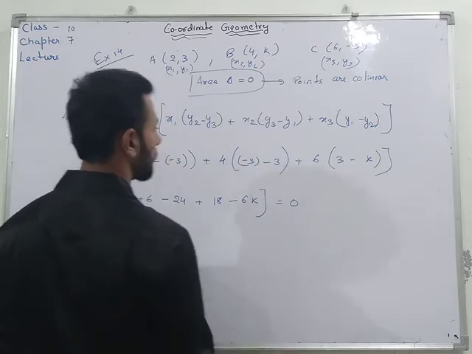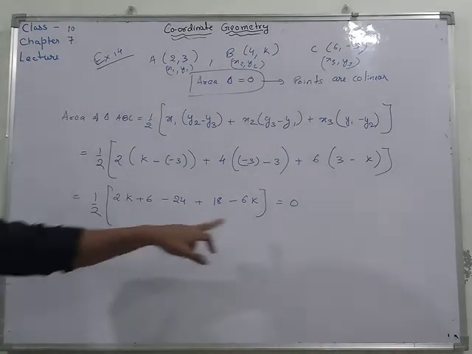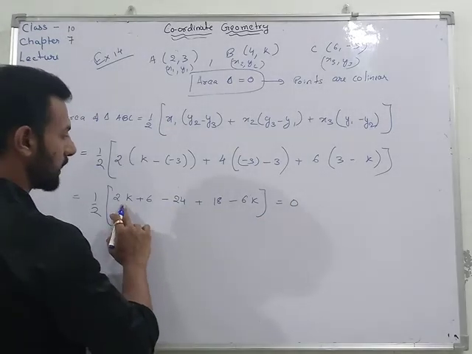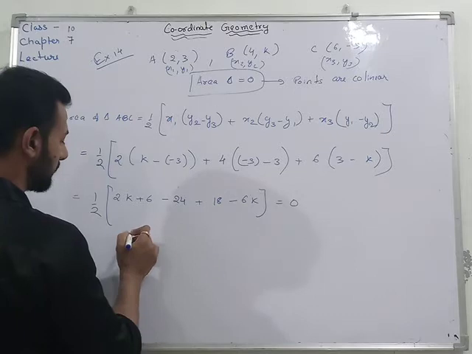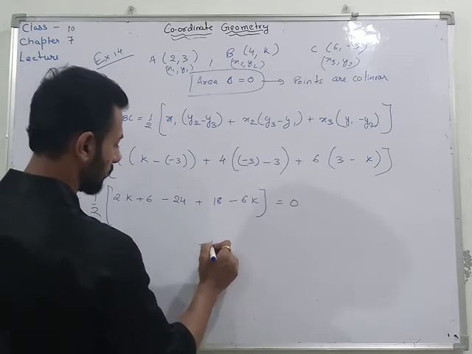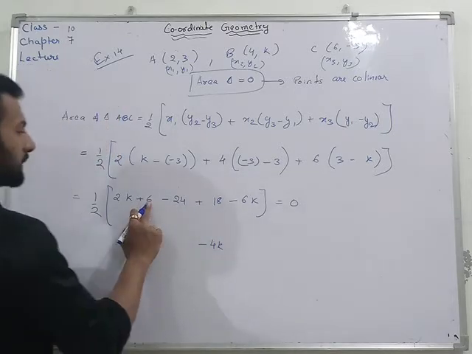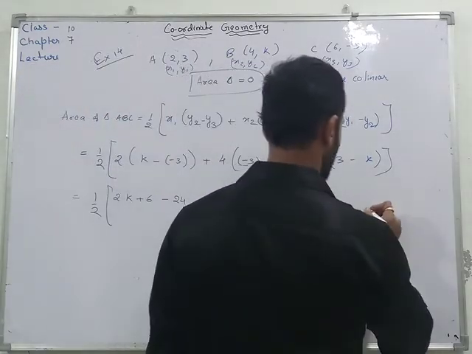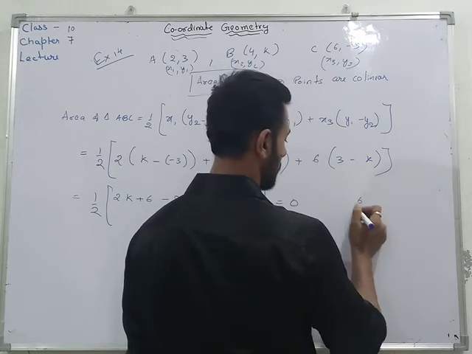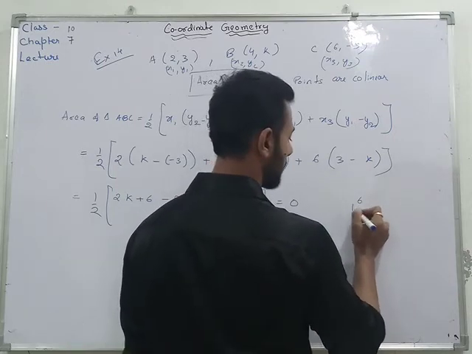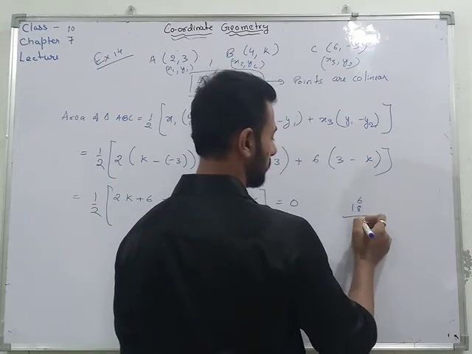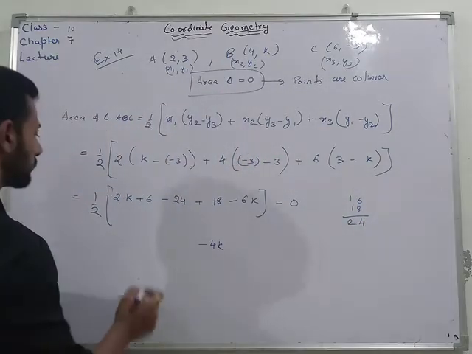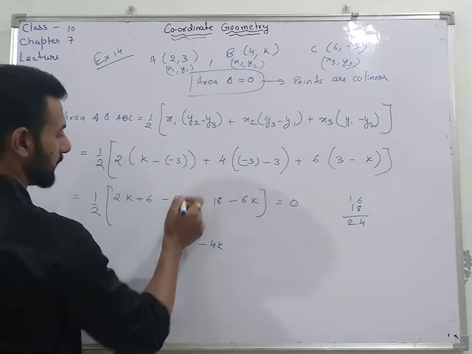Taking this 2 here, it will be 0. 2k minus 6k will be minus 4k. 6 minus 24 plus 18: 6 and 18 are added, so this will be 24, and this will get cancelled out.